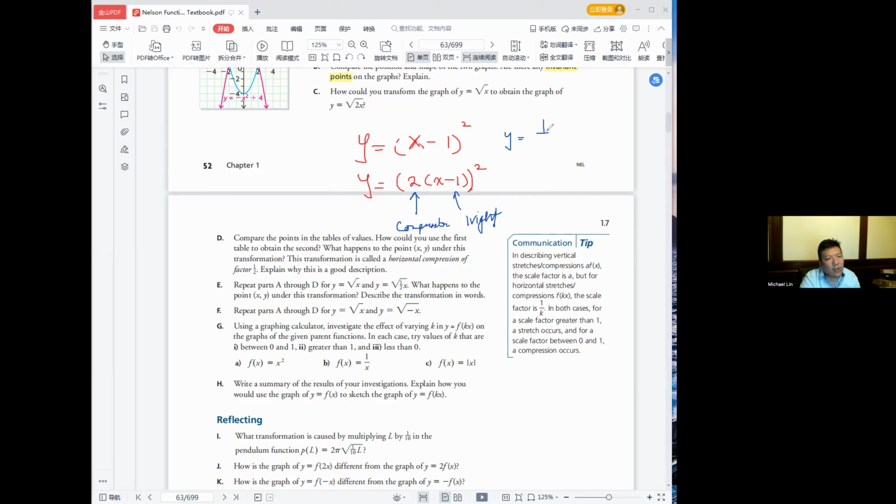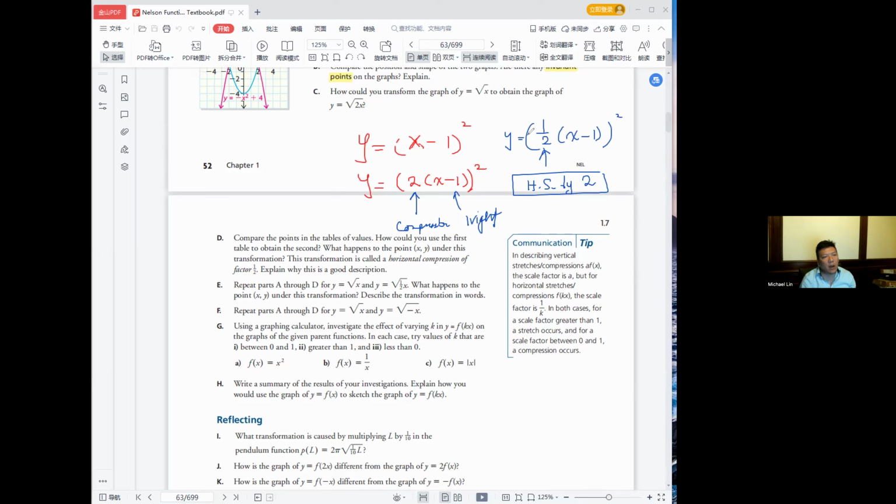If your k value is a number less than 1, then this will be a horizontal stretch. Oh no, sorry, not by a factor of 1/2, by a factor of 2. It's always 1 over whatever is your k value. Okay, so this is the new part that you're going to be learning in grade 11 about transformations.